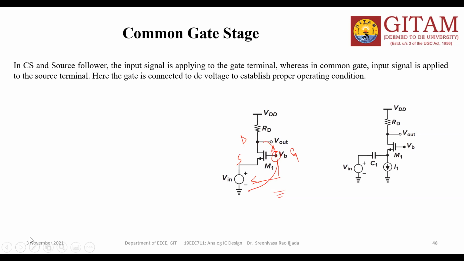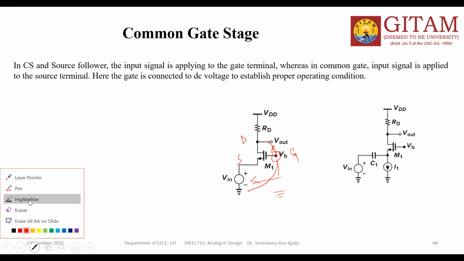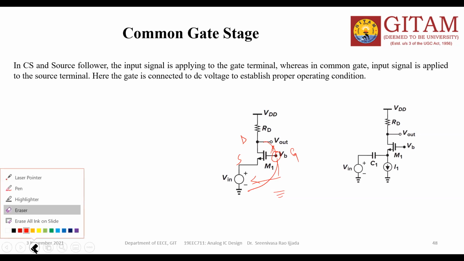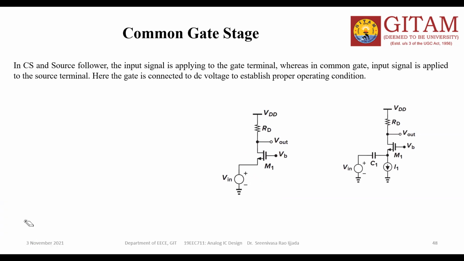So don't confuse this gate configuration, because common gate is a little bit confusing. Usually we are interested in giving the signal to the gate terminal, but here we are not providing any input signal to the gate. Keep that in mind.